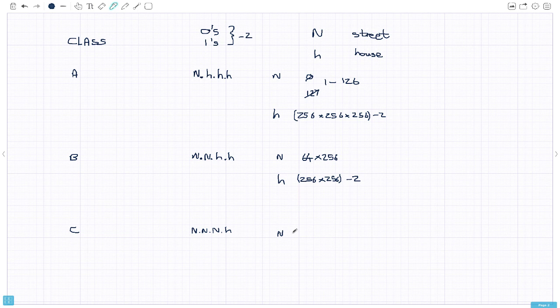That will be from 192 to 223, which will be 32 times 256 times 256 networks, as you can see, that's a lot. And then 256 minus 2 hosts.